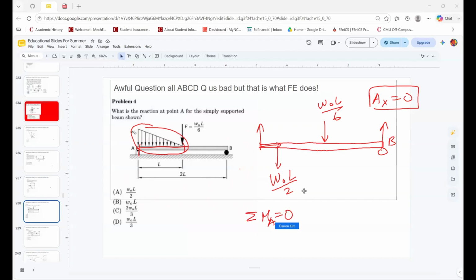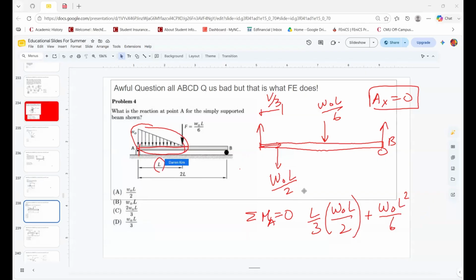And then, so this over here length, I didn't say it, is L over 3 because of how centroids work. L divided by 3 multiplied by WOL divided by 2, right? The length over here, plus WOL divided by 6 squared because of the L over here, plus B over L equals 0.